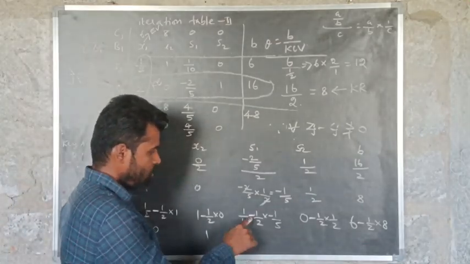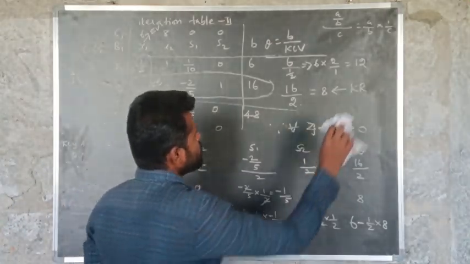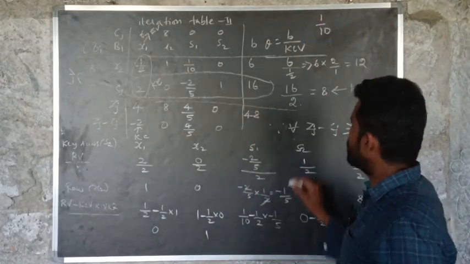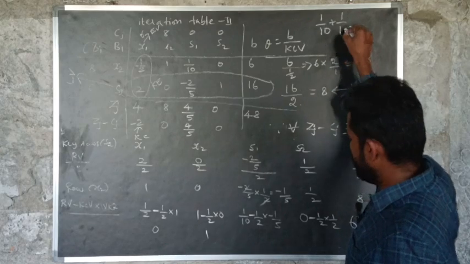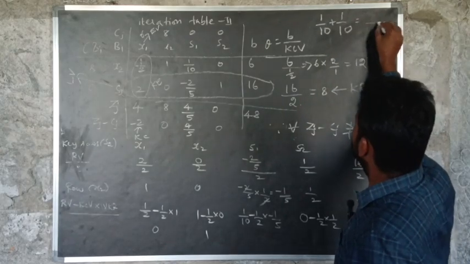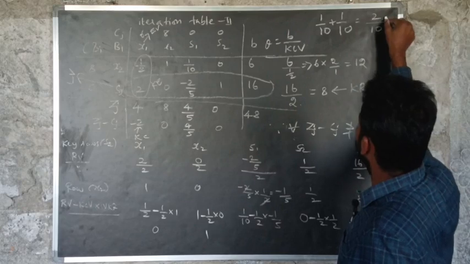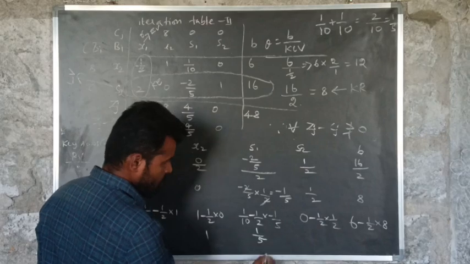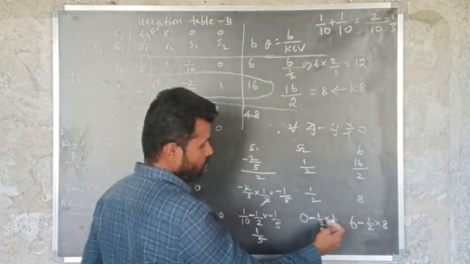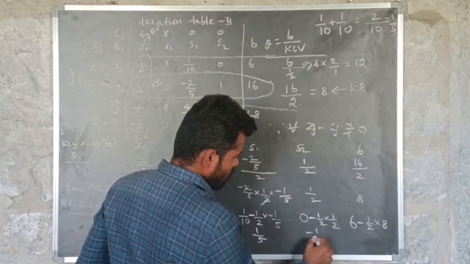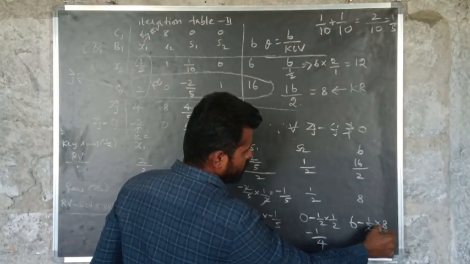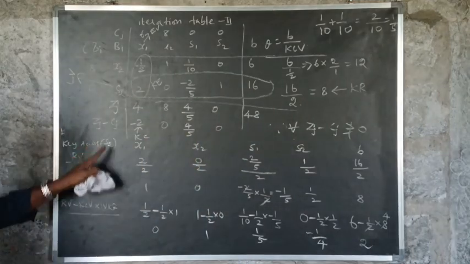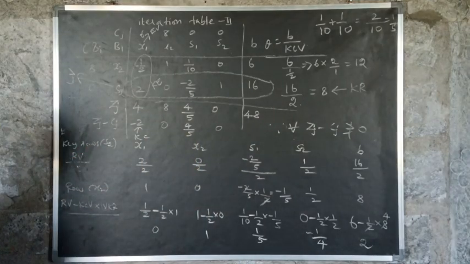Here 1 by 10 minus 1 by 2 into minus 1 by 5; minus into minus becomes plus, so plus 1 by 10. Taking 10 as common, 1 plus 1 is 2, so you get 1 by 5. Here 0 minus 1 by 2 into 1 by 2 becomes minus 1 by 4. Here 6 minus 4 is 2. So we found the iterated values for the S2 row.